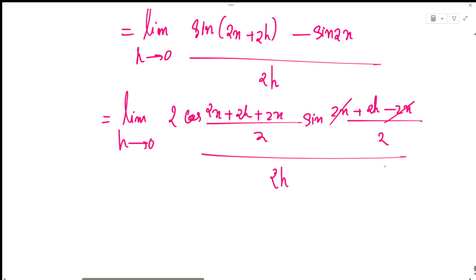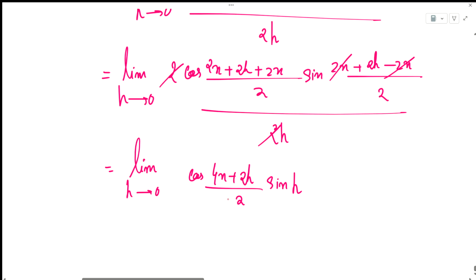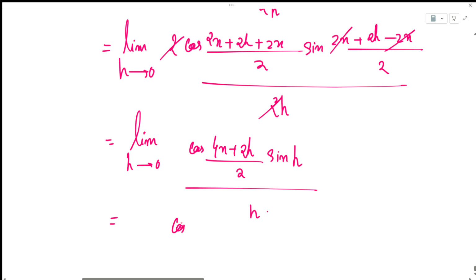I can also cancel this 2 and that 2, so we will have limit h tends to 0, cos of (4x plus 2h) by 2, sine of 2h by 2 is simply h, and over here I have this h. So I'm gonna get sine h by h will become 1, cos of 4x by 2, this is cos of 2x. So cos of 2x is the answer.